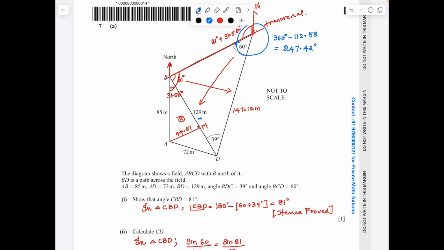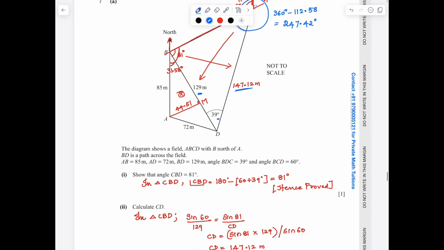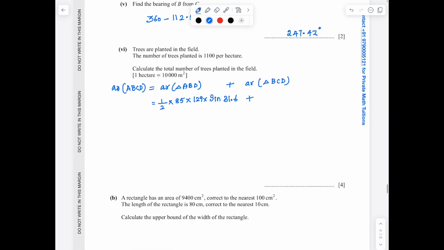Half times 129 into 147.12 times sine 39. On calculating this, we get 8839.65, and our answer will be in meter square.